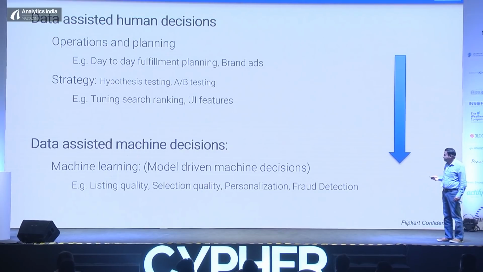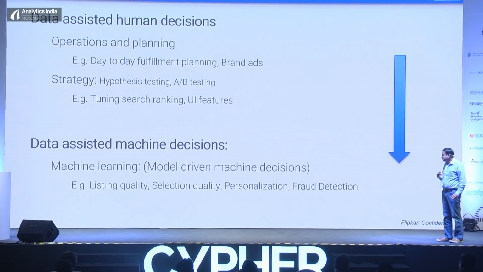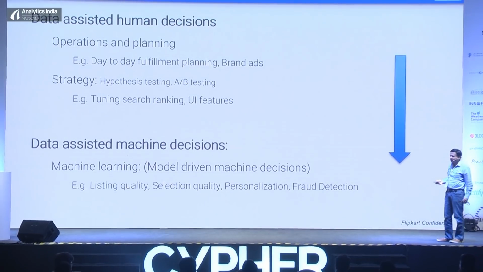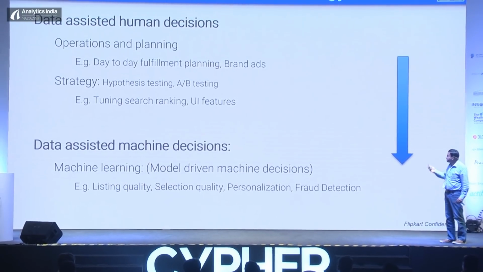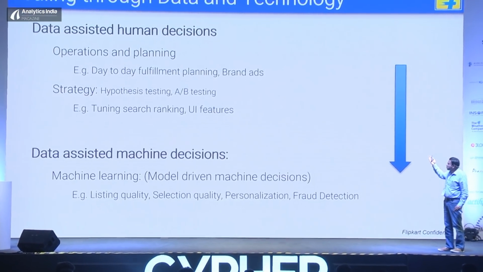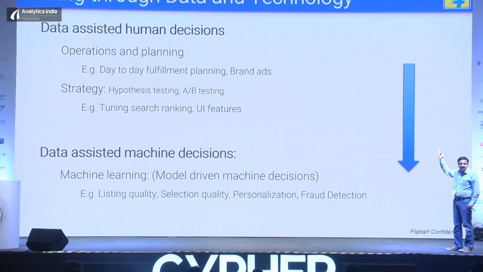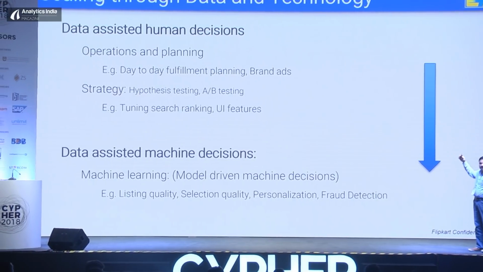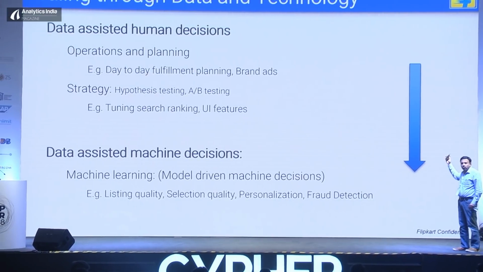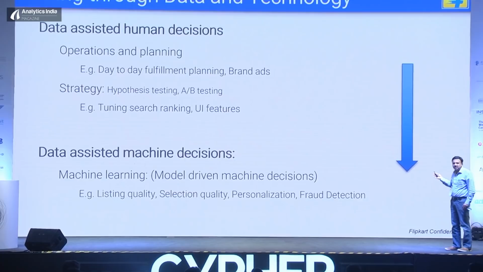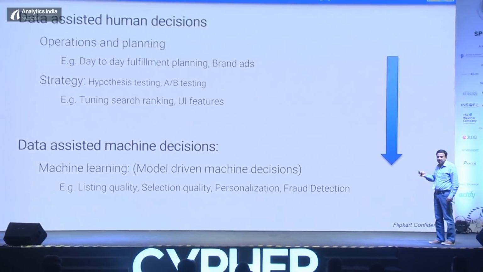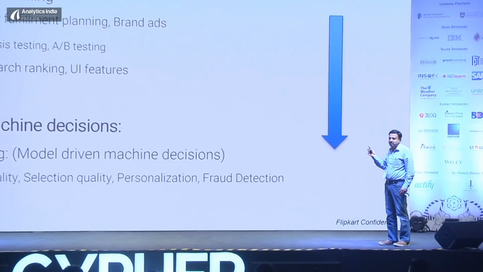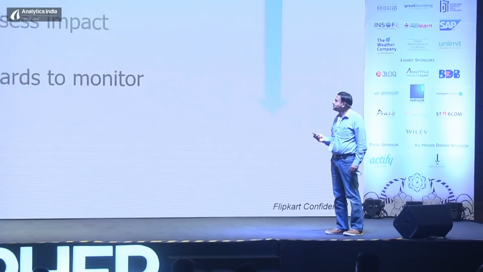And then data-assisted machine decisions, which is listing quality, selection quality, personalization, fraud detection, a lot of things we talked about in the previous talk. The goal for Flipkart always is that as we become more and more mature, more of these decisions become machine-assisted decisions, and we keep building on that so that the scale can be addressed.